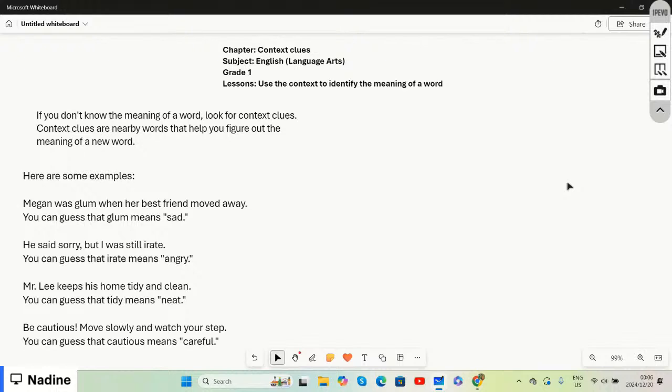And the lesson that we are going to be focusing on under the chapter of context clues is to use the context to identify the meaning of a word.